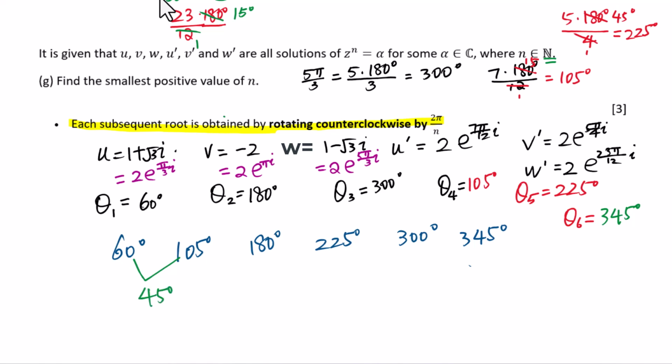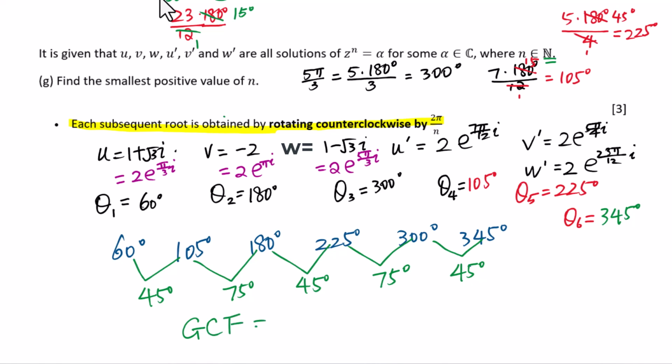45 degrees, 75 degrees, 45 degrees, 75 degrees, 45 degrees. So the greatest common factor of 45 degrees and 75 degrees is 15 degrees.